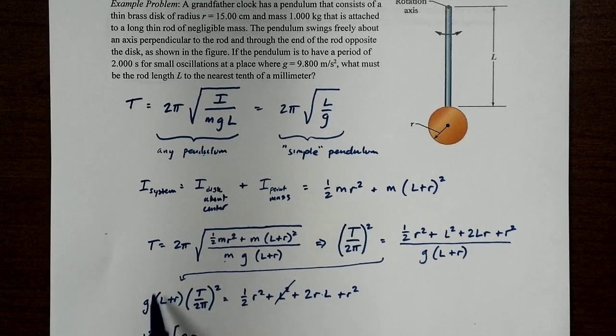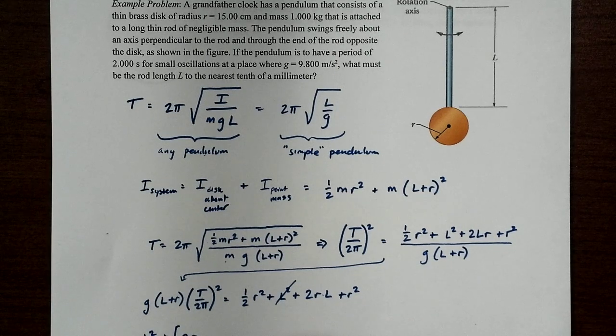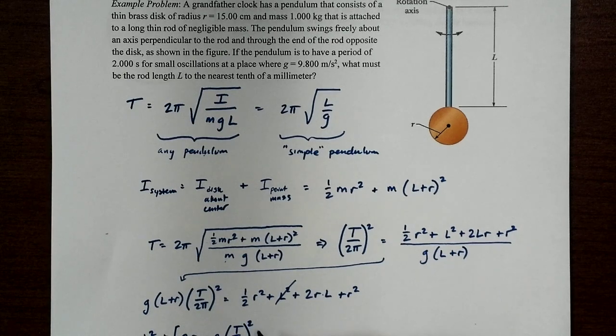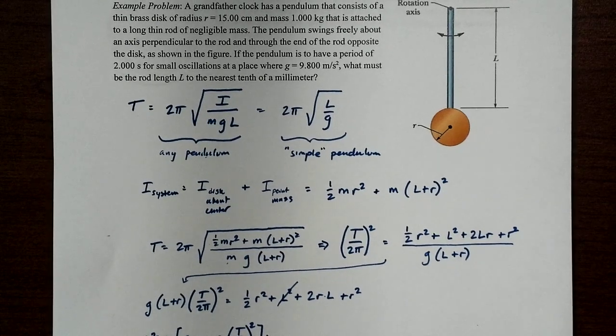Then I've got all of this leading term, so I've got a minus if I move this over here: g t over 2 pi squared, times L. More and more fun.